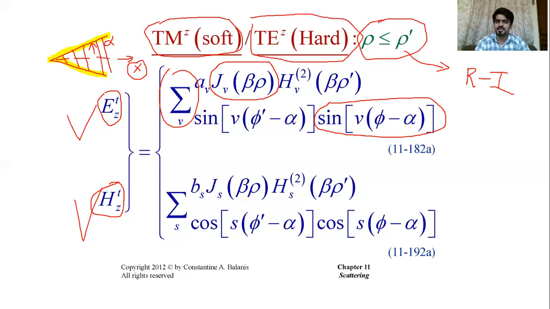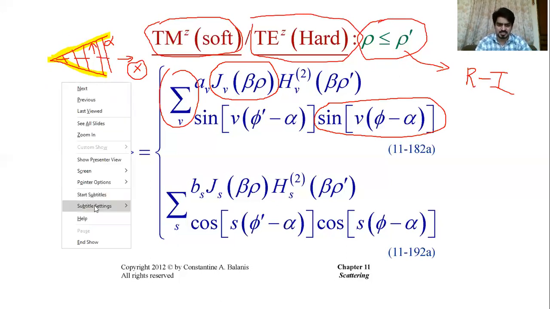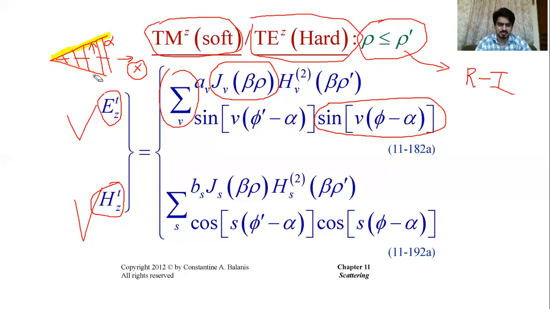And why do we define this sine v times phi minus alpha function? Basically, this is a PEC wedge, a perfect electric conducting wedge. As a result, on the surface of this wedge, when phi equals alpha, let me just erase this so that I can highlight.